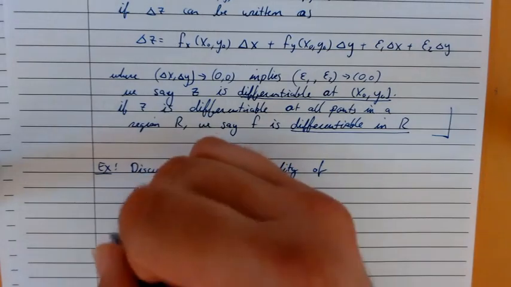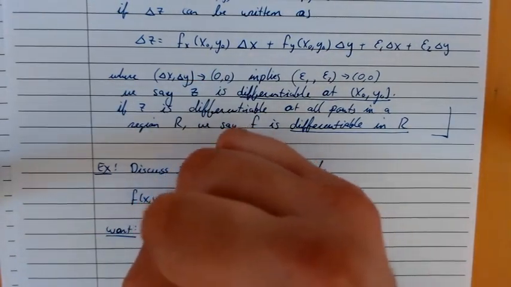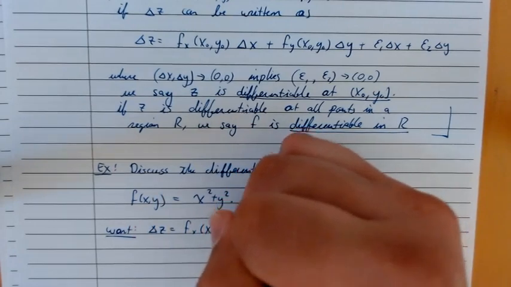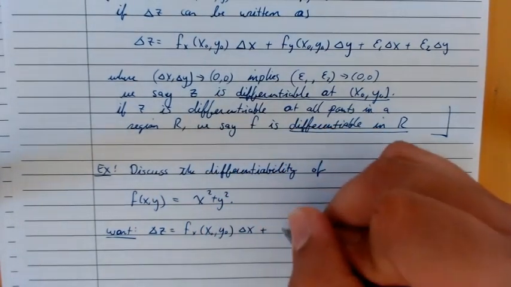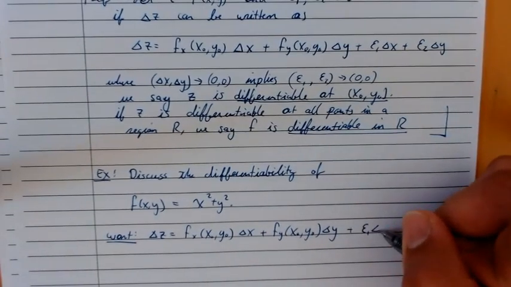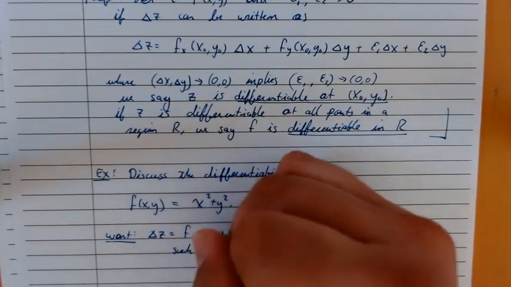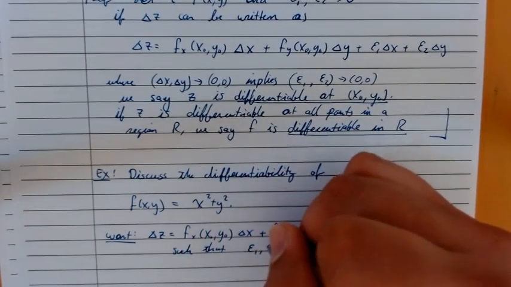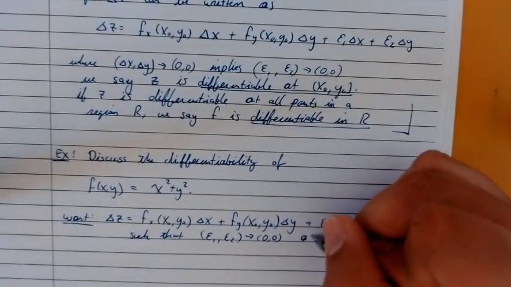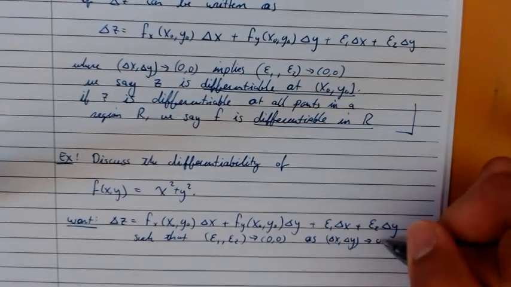By definition, what we want to be true is for delta z to equal f sub x at x naught, y naught times delta x, plus f sub y at x naught, y naught times delta y, plus epsilon 1 delta x plus epsilon 2 delta y, such that epsilon 1 and epsilon 2 both go to 0 as my two increments, delta x and delta y, go to 0. Okay, that's what I want.